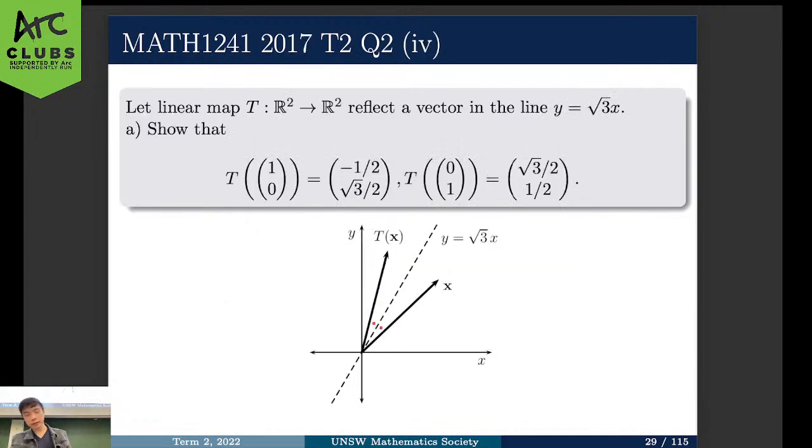So let's look at a bit of a different example, which is a linear map T defined by a reflection of a vector in the line y equals root 3 x. We have to show what the transformations of (1, 0) and (0, 1) are.